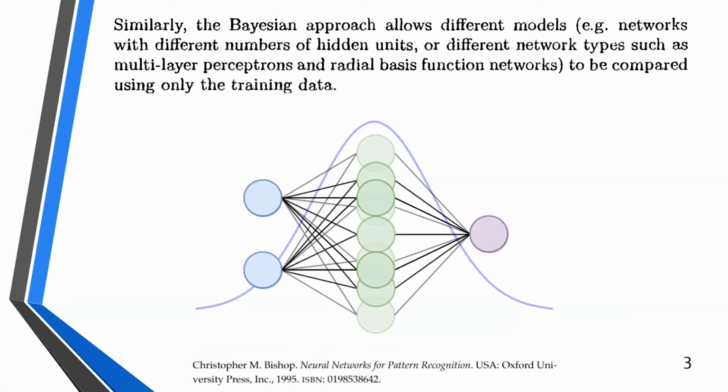So as some motivation, when I first started looking into Bayesian neural networks, I came across this idea that comes up in the literature every now and then, that the Bayesian approach allows for different models, such as those with different numbers of hidden units or different numbers of hidden layers or other different network implementation choices, to be compared using only the training data. And I saw this idea mentioned more often than I saw papers addressing it.